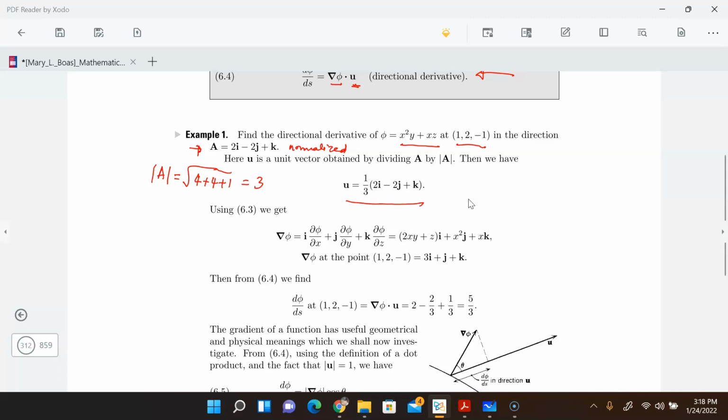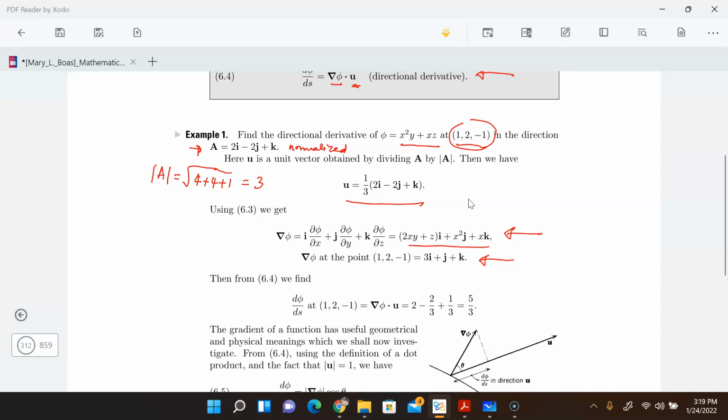Calculating your del phi, or gradient phi, gives you this vector here. Then if we want to evaluate at a particular point, you just substitute your x, y, z, and you get this quantity.